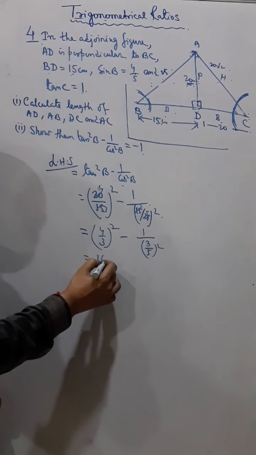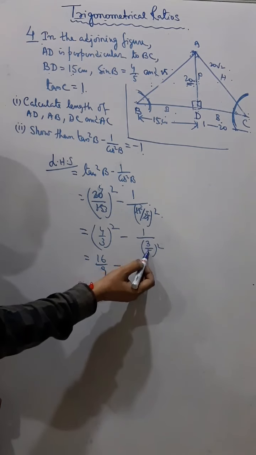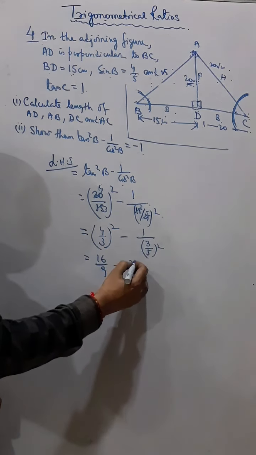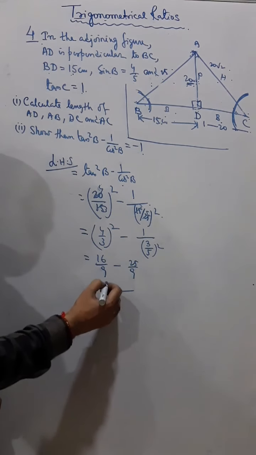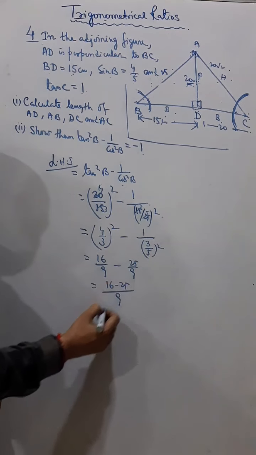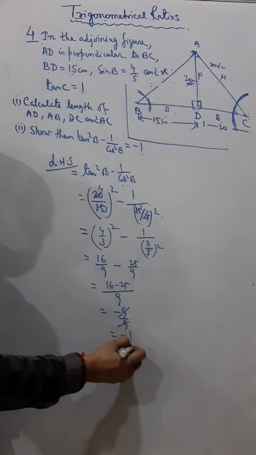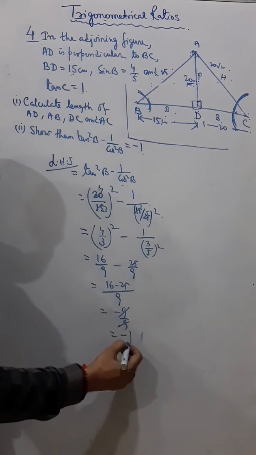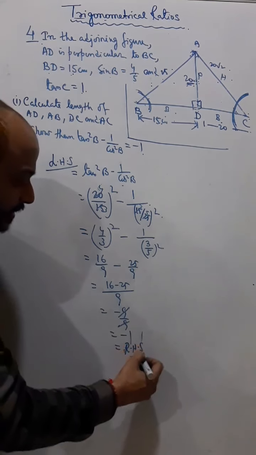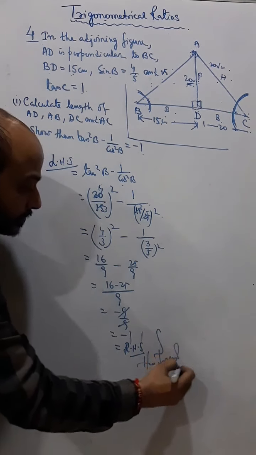You will get 16 by 9 minus, you get this one as 9 by 25, take the reciprocal, you get 25 by 9, and then 9, what you get? 16 minus 25 by 9, and that is minus 1, which is equal to what? RHS, and therefore we can say it is hence proved. Okay, right?